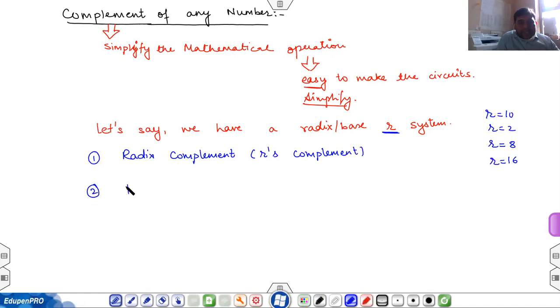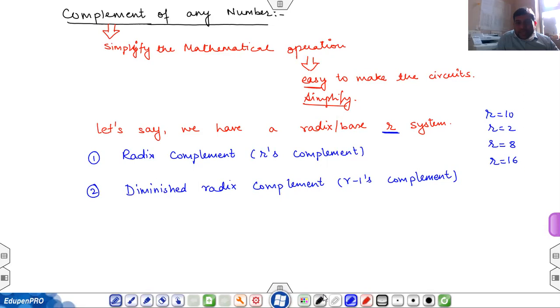And the other one is the diminished radix complement, which is R minus 1's complement. In this video, we will see R minus 1's complement first, and then in the next video, we will see the R's complement.